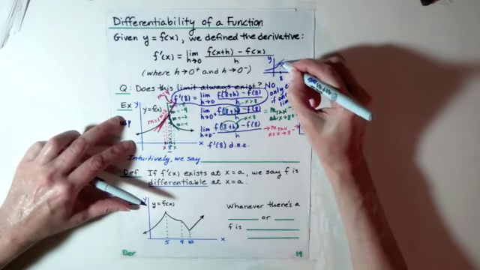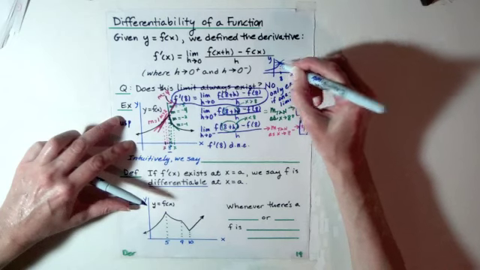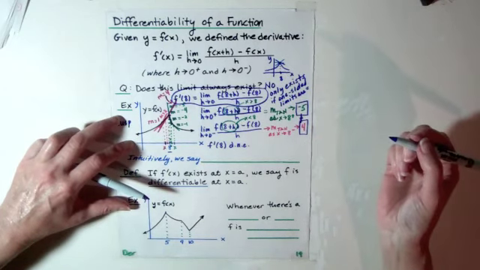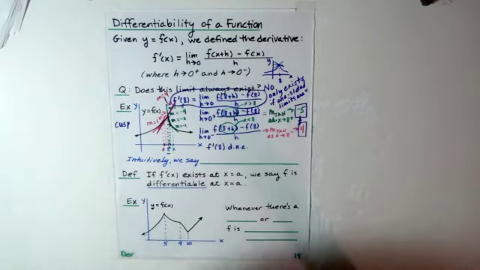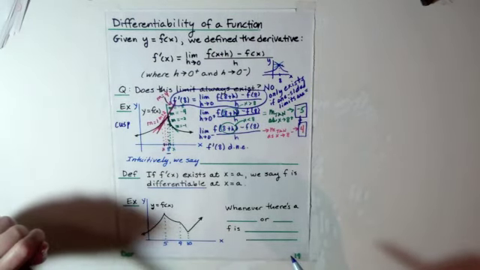You have this sharp point here, and there's no particular tangent line that I could pick that seems appropriate right at that point and would uniquely follow that curve more closely than any other line does.